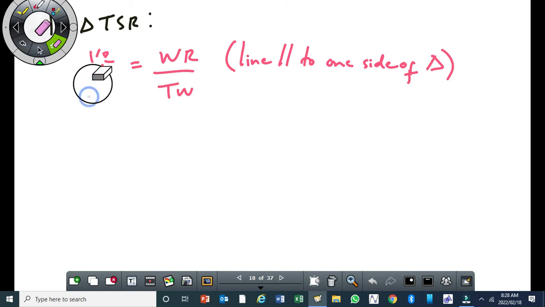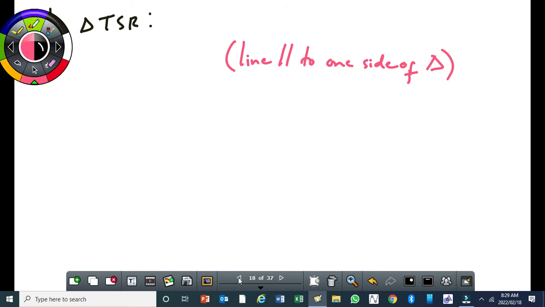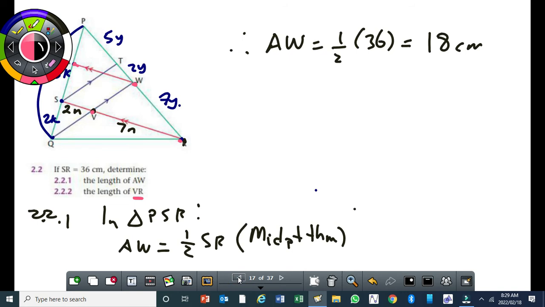Please make sure you pay attention because I'm going to rewrite it. So what we can do to calculate VR, since we are given SR, remember we are given SR. Since SR is given as 36, I can say VR over SR.